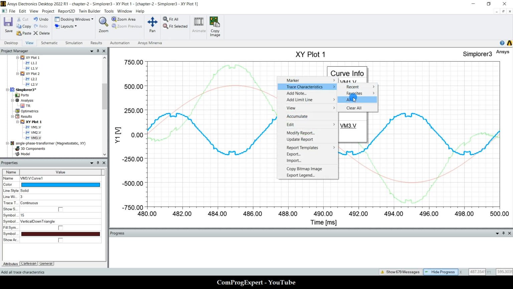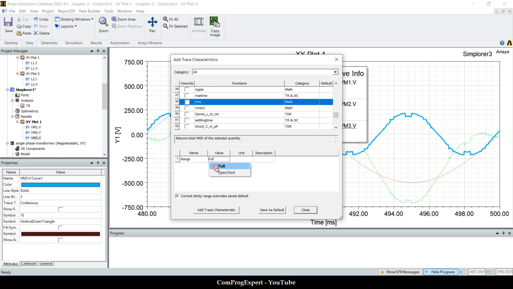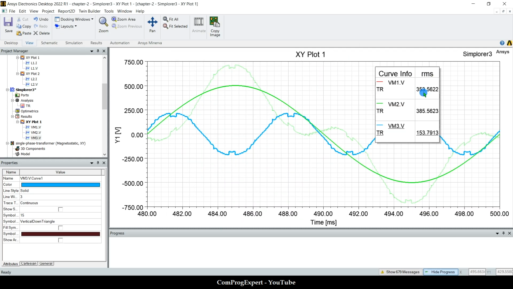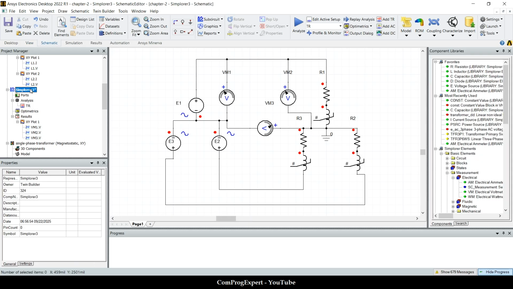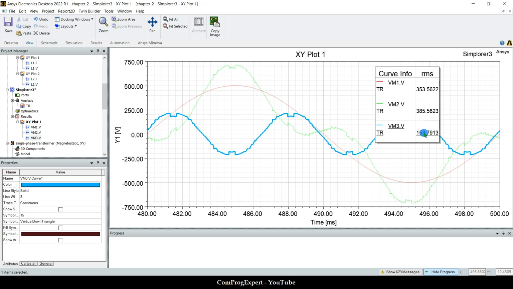If I calculate the RMS value of these three functions for the last electric period, the RMS value for the last electric period is this one. So this is the source. This is the voltage of this branch, and this is the voltage of the neutral with respect to this point.